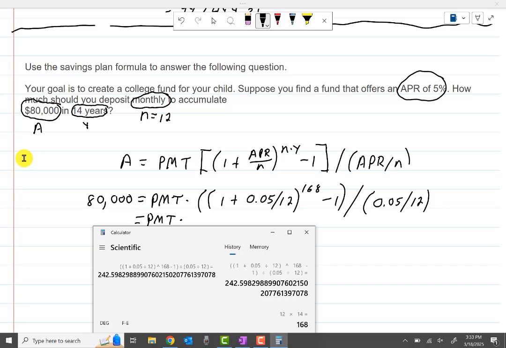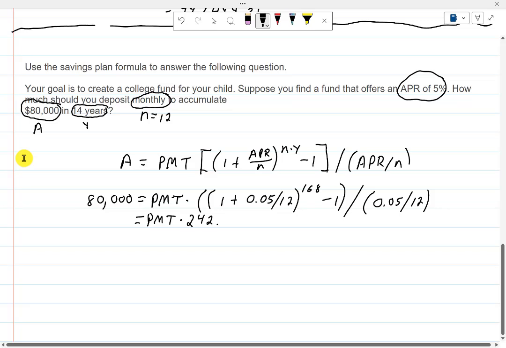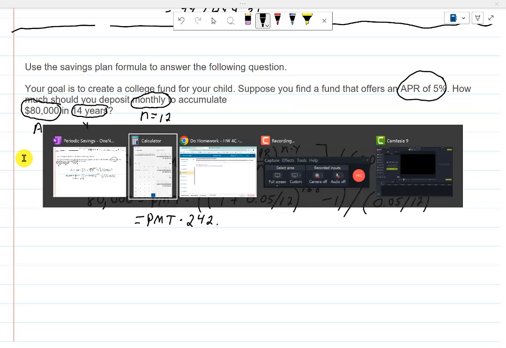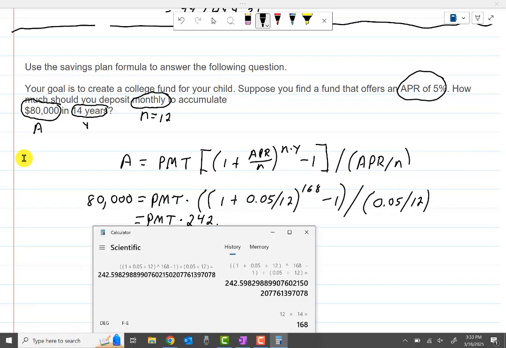So it looks like $242.60. Now you want this number to be several places of accuracy. So let me go 5 places. 5983.